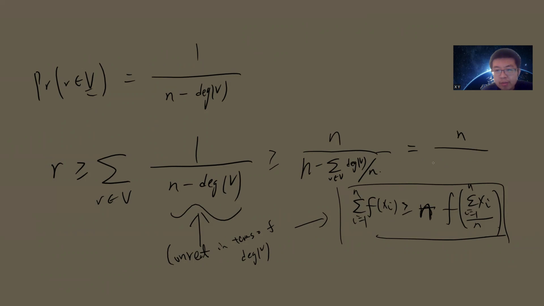The sum of degrees is 2 times the number of edges, by the handshaking lemma. So it is 2m divided by n.